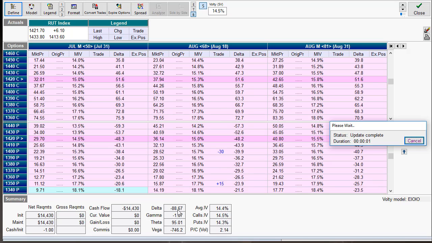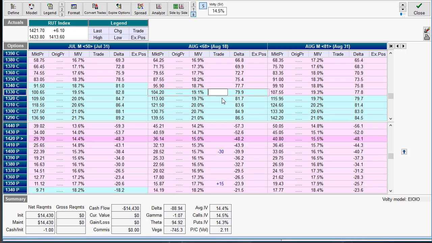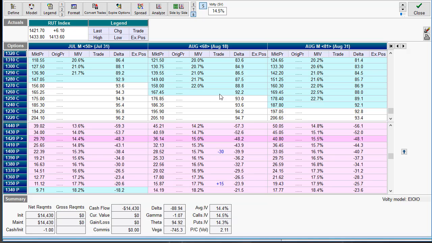I need to have my starting butterflies give me a delta of around negative 80 because that's the deep in the money call hedge that I want. And anything higher than 80 is perfectly fine. The deeper you go, the better it works like synthetic stock, but the more expensive it is, and sometimes the slippage is a little bit greater because of the bid-ask spread, and the open interest and volume might be less.